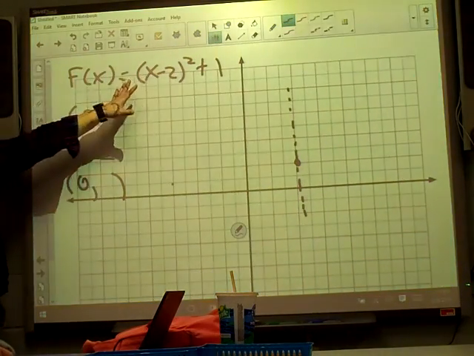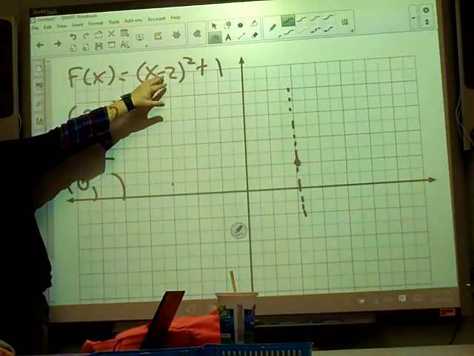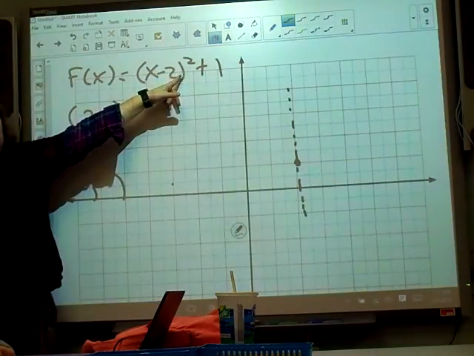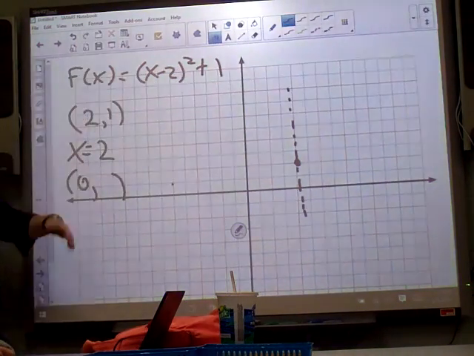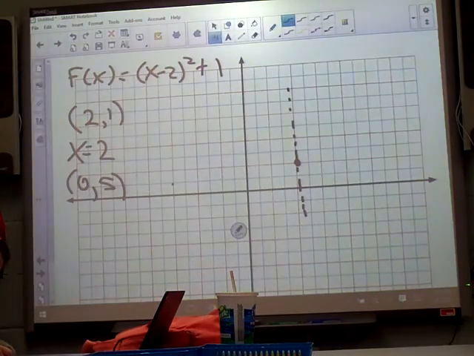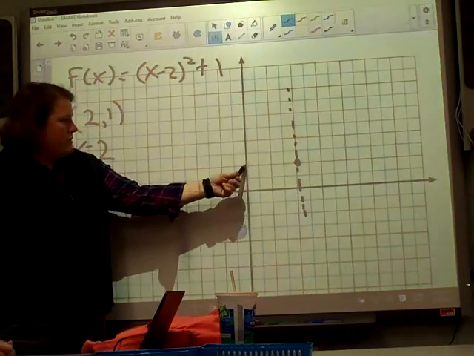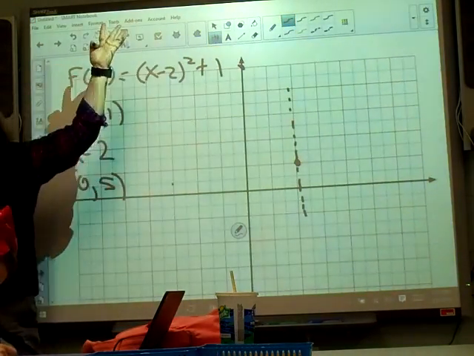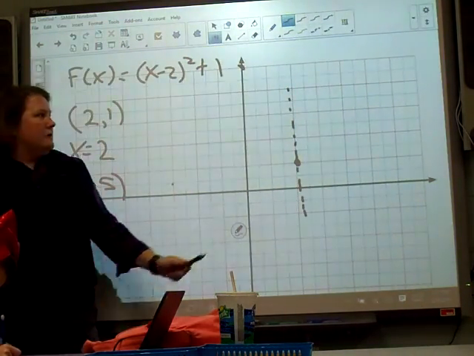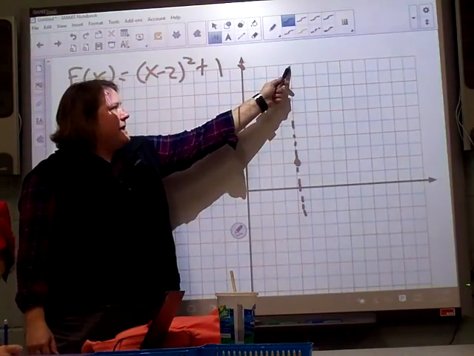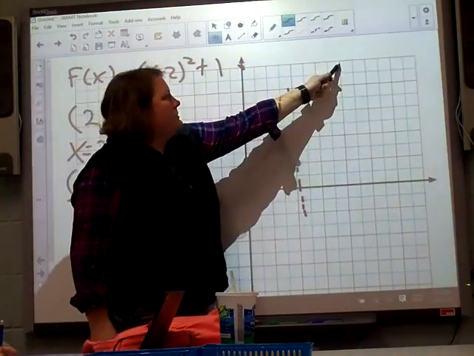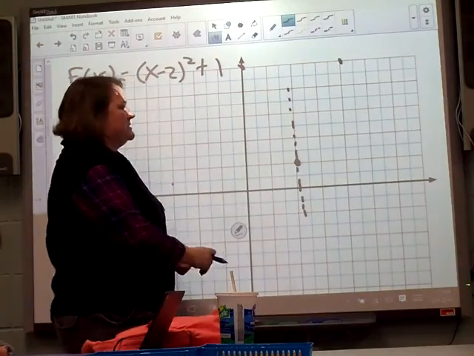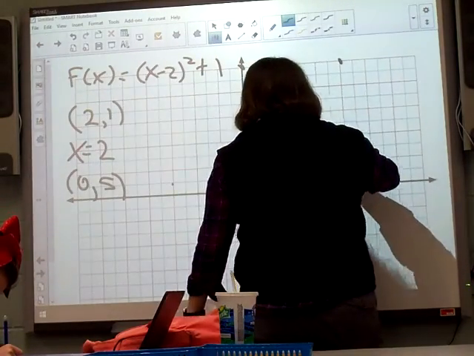Can we do this mentally here? 0 minus 2 is negative 2. Square that and you get 4. Add 1 to that and you get 5. Over 0, up 1, 2, 3, 4, 5. That makes sense because I know it's got to open up. Good old counting here. That is 2 away from the axis of symmetry, so you flip it and go 2 away on the other side. You have the best looking parabola in the county.